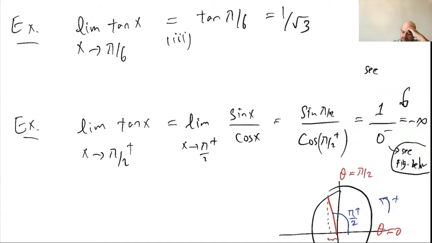See the notes from last lecture. One over 0 minus means minus infinity. We said a positive number over 0 minus will be minus infinity.